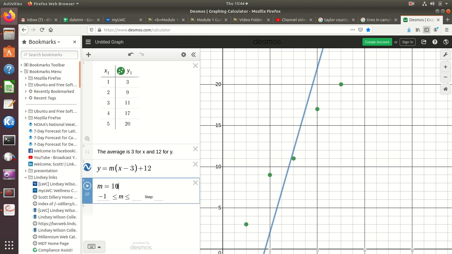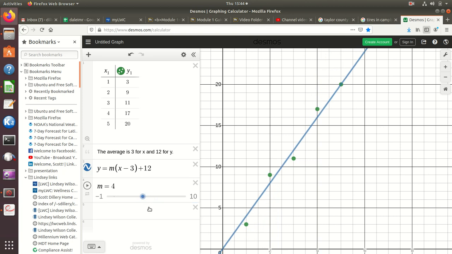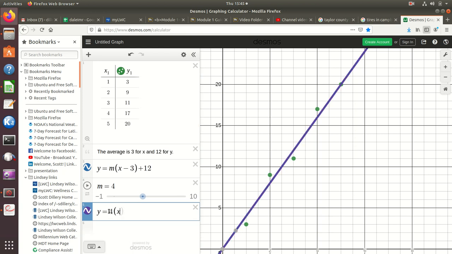I could just make that 10, and when I made it 10, I can see it's too big. It's too steep, so I'm just going to leave it there at 10, and now I'm going to slide it down, and I get to there, and I go, oh, that looks great, and there's my 4. And so now I know that y equals 4 times (x minus 3).